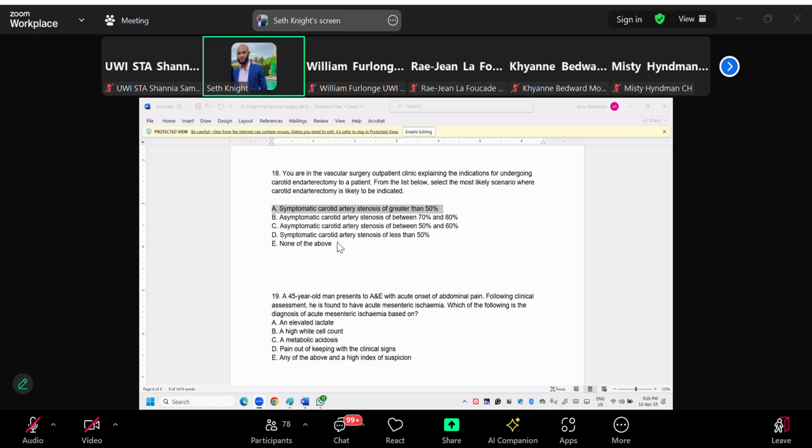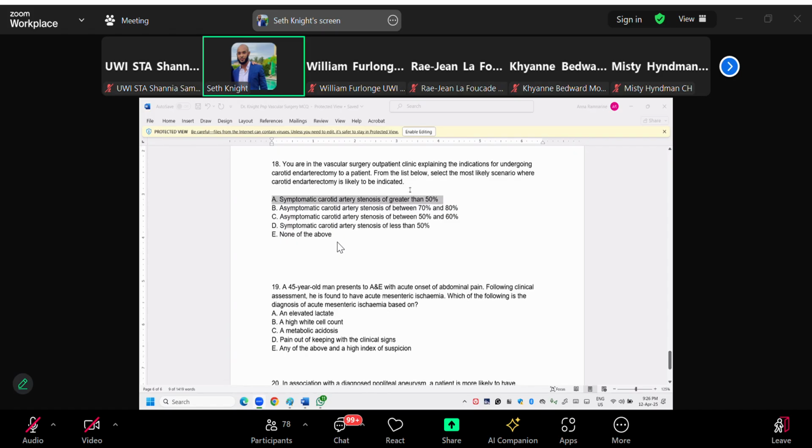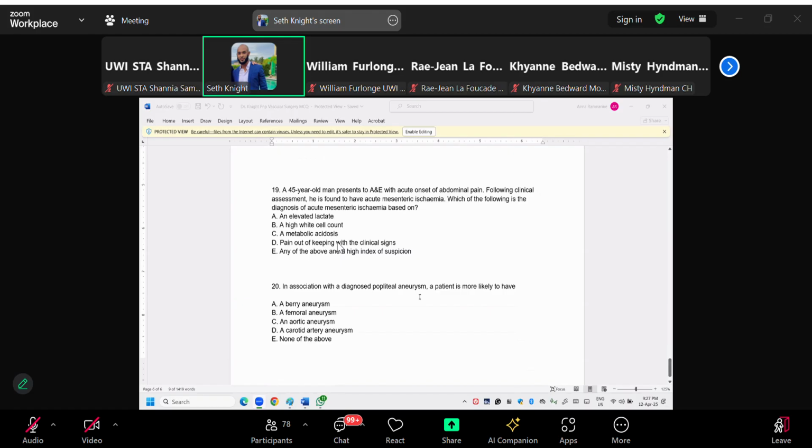So I wanted you all to get a little bit exposed to it. All right. Good. So yes, the indication for a carotid endarterectomy is symptomatic carotid artery stenosis, where the carotid artery is stenosed more than 50%.